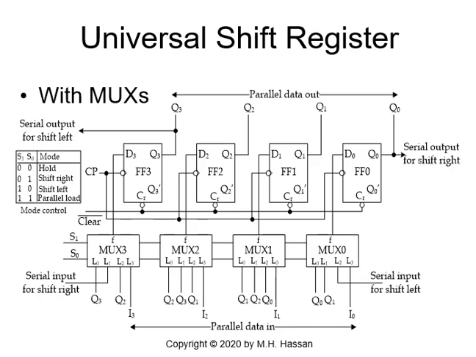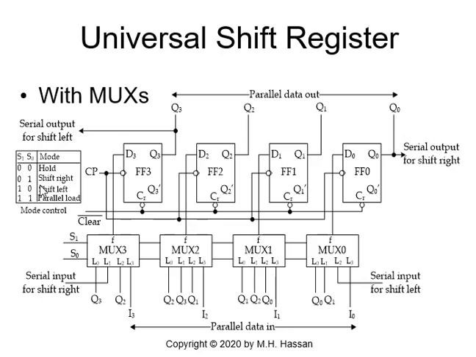Now, to design a universal shift register, for which there is an integrated circuit, we use two select signals, S1 and S0, and four multiplexers, each 4-to-1: multiplexer 0, multiplexer 1, multiplexer 2, multiplexer 3.